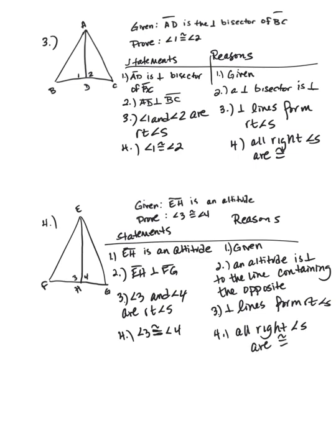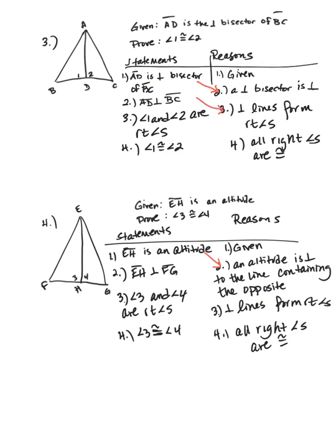Okay, so if you recall in video 1, I showed you that you have a given, right? You have a statement, and then that statement is used as a reason in the next line, right? So then we had perpendicular was our conclusion in line 2 for both of these.